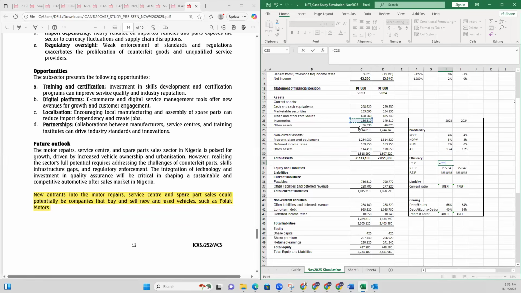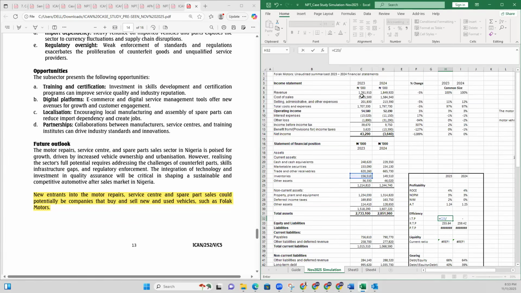Average inventory divided by cost of sales times, let's say, 365, right? And that would give you this. So you can repeat the same thing for trade receivable and payable.